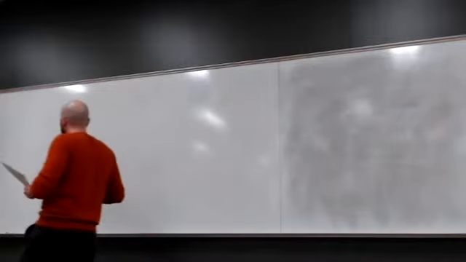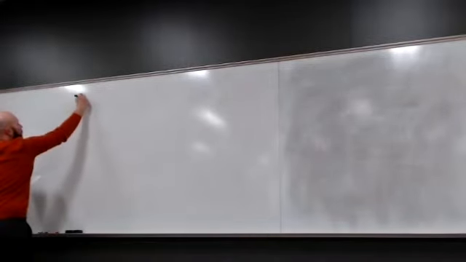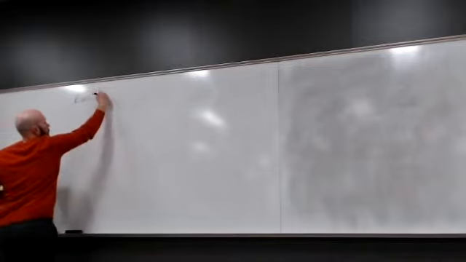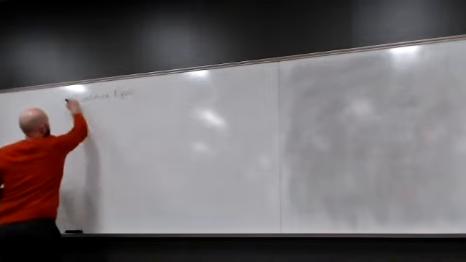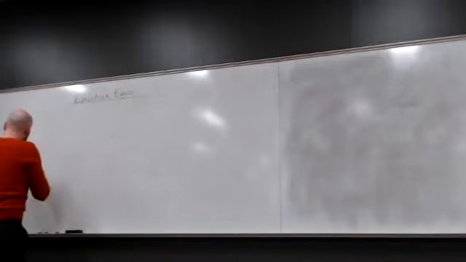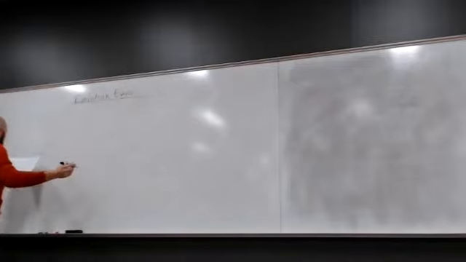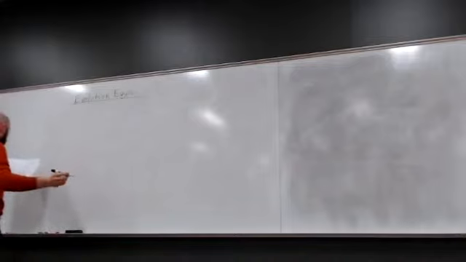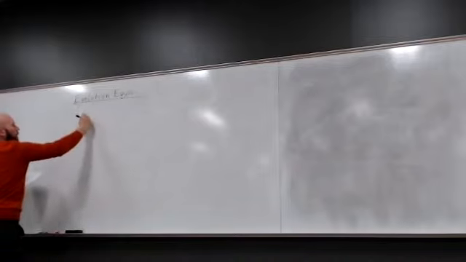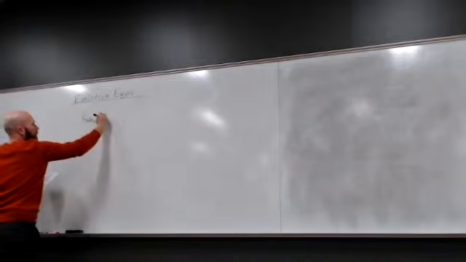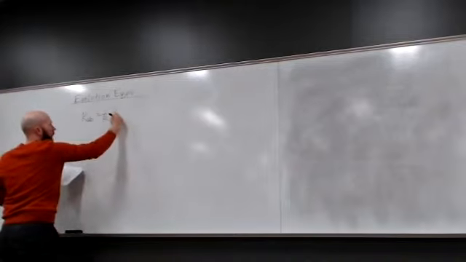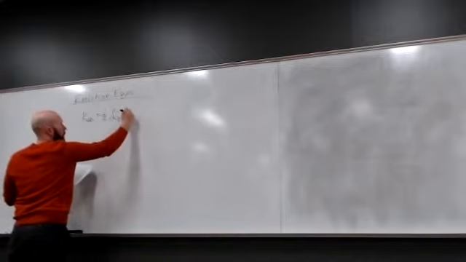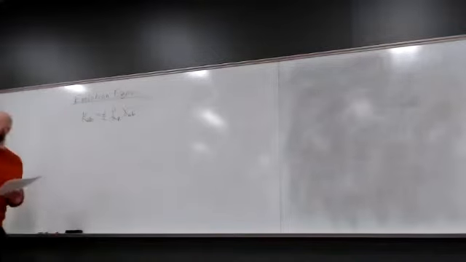All right, let's talk evolution. So let's start with our definition for the extrinsic curvature, which is minus one half the Lie derivative along the normal vector of our spatial metric, gamma_AB.